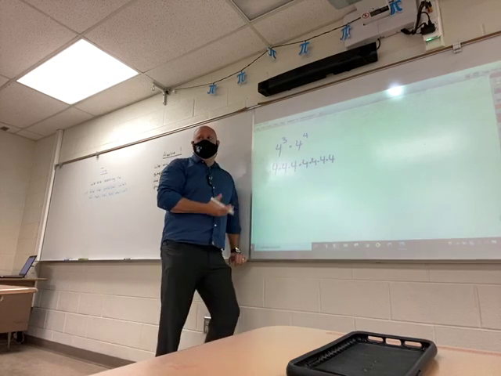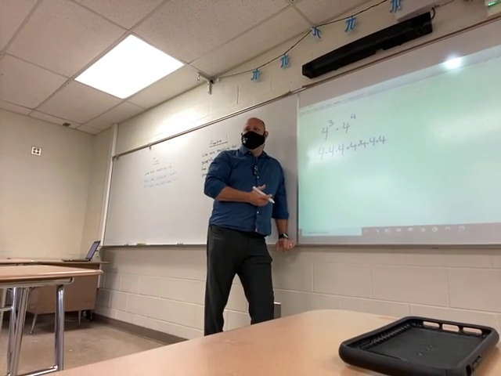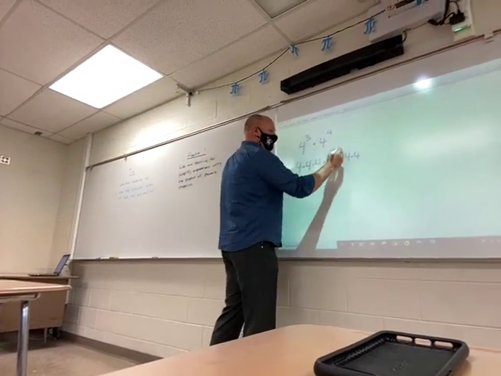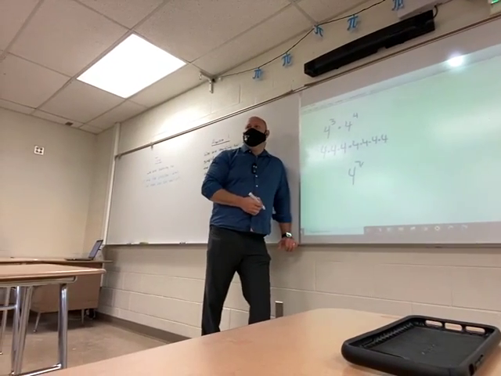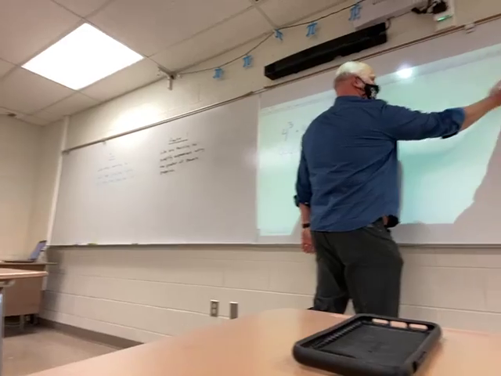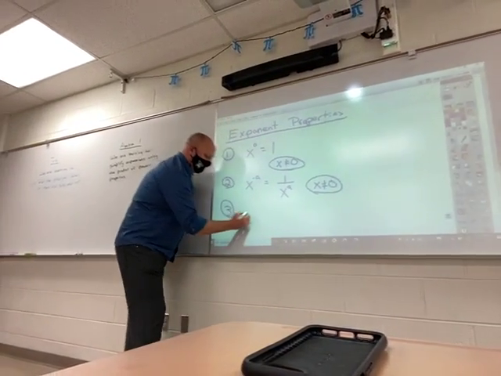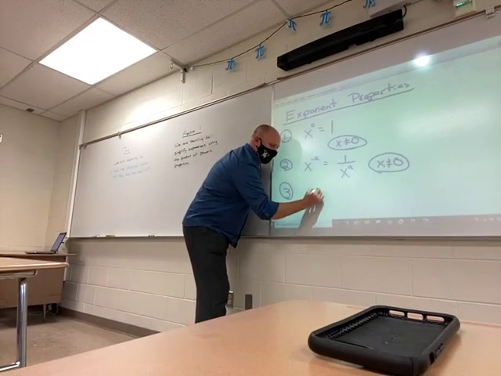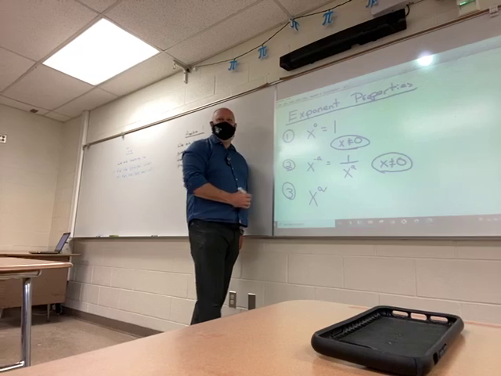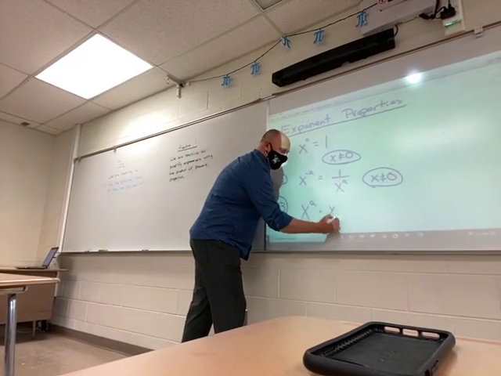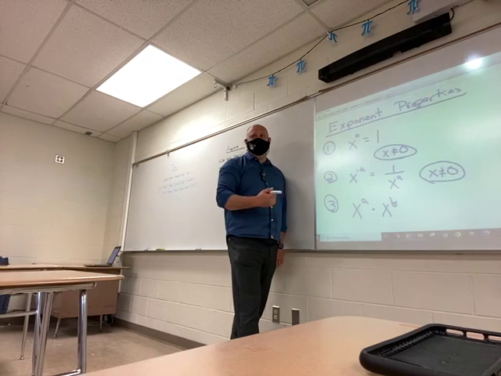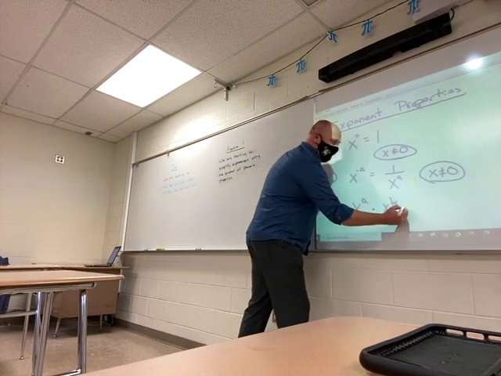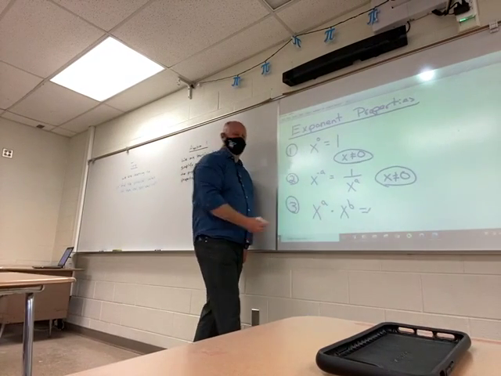That's really all multiplication, isn't it? Well, that just means I have 7 4s. So yes, our next rule basically says if you have x to the a power times x to the b power, and you have 2 numbers with the same base with exponents, what's the only thing we have to do?